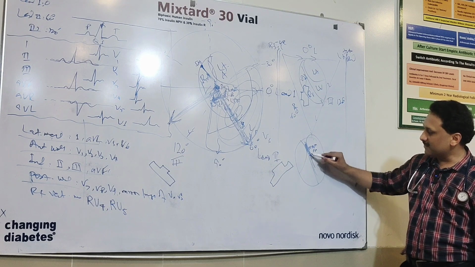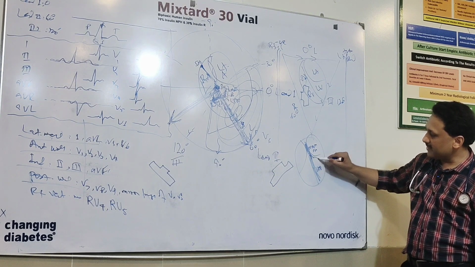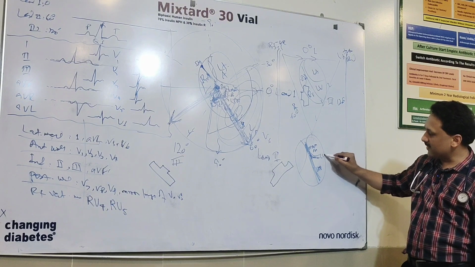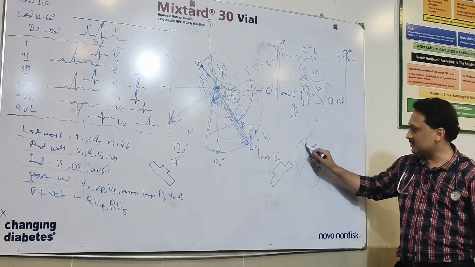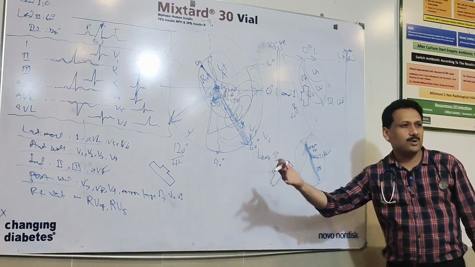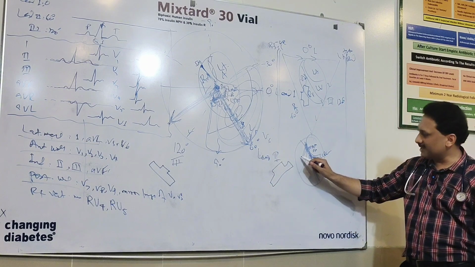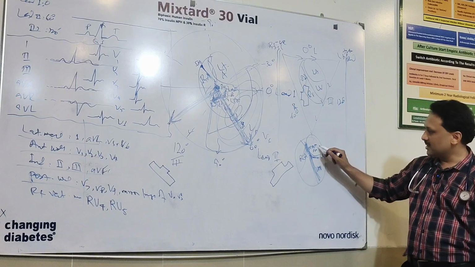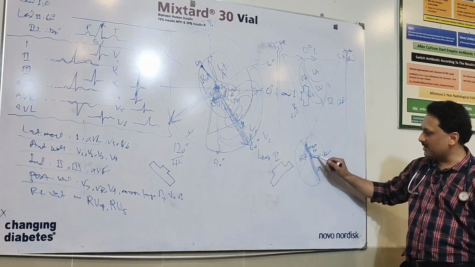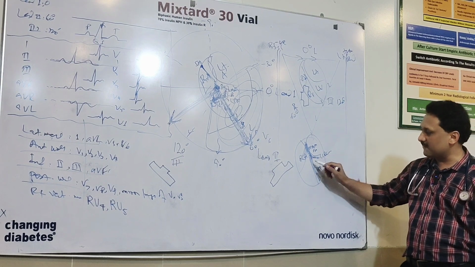And that main stem gives the left anterior descending artery, and then there is the circumflex artery, right? There are two branches: one is the right coronary and the other one is the main stem or left coronary. So then there is the right coronary artery, we call it RCA. This is the main stem, and we call this the left anterior descending artery, and this the circumflex.